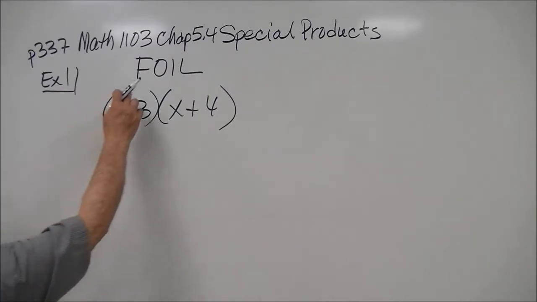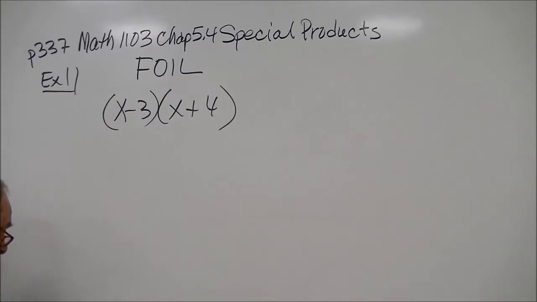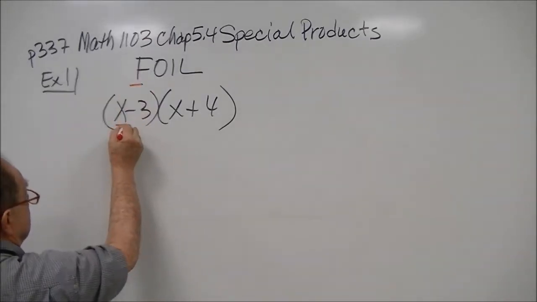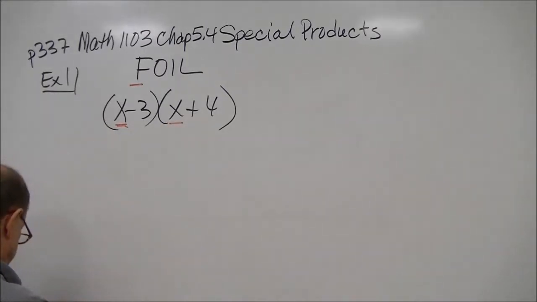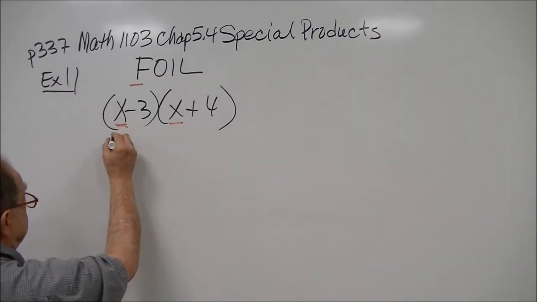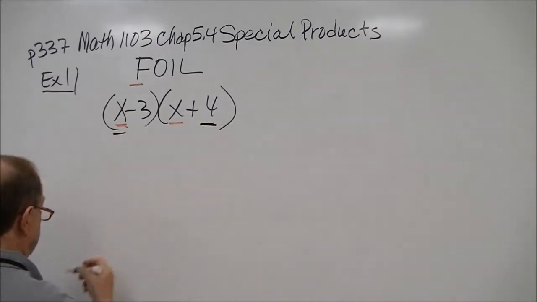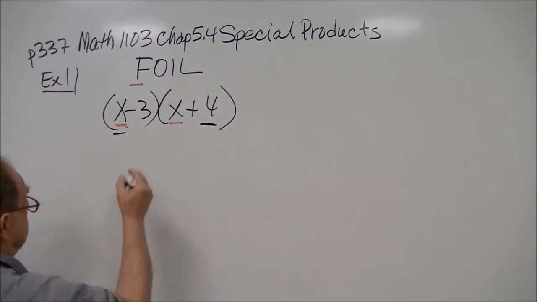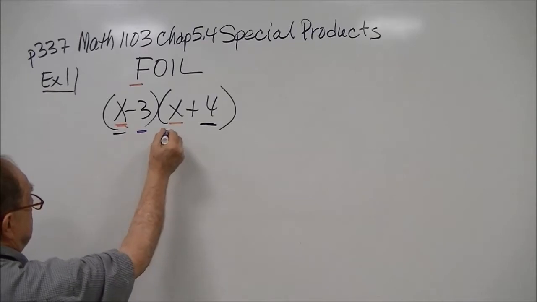The F, let me see if I can color code this here. The F stands for the first terms. The O stands for the outer terms. The I stands for the middle terms.